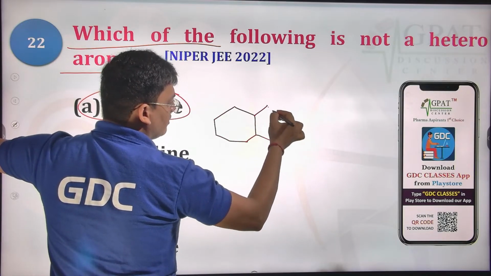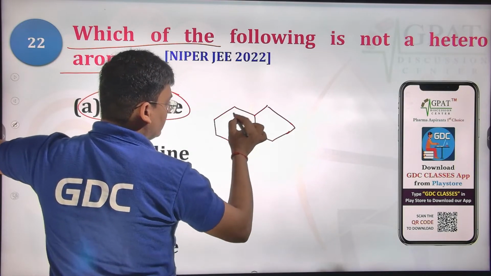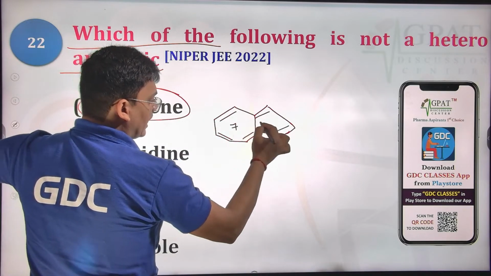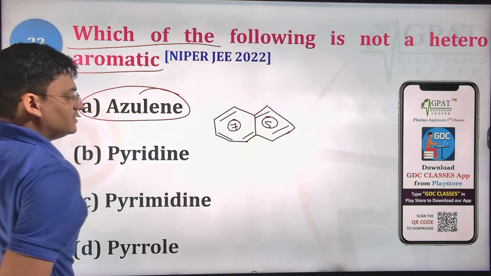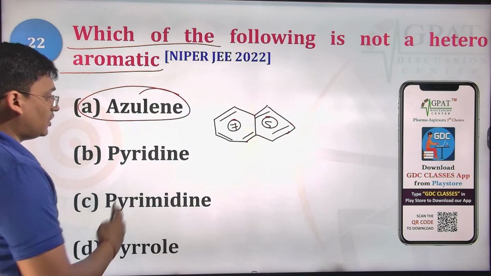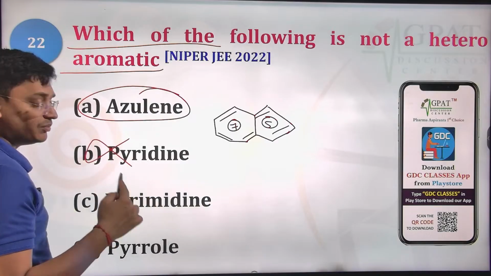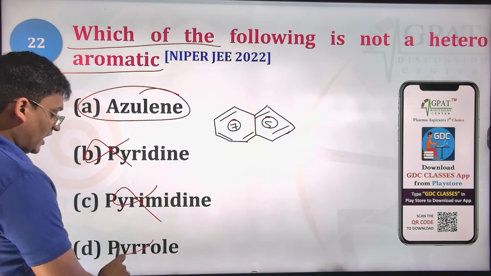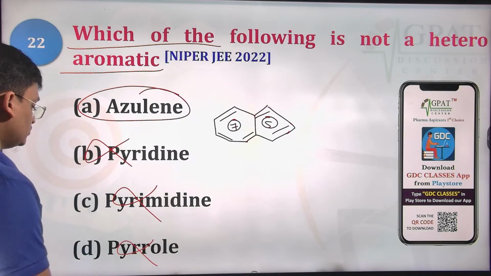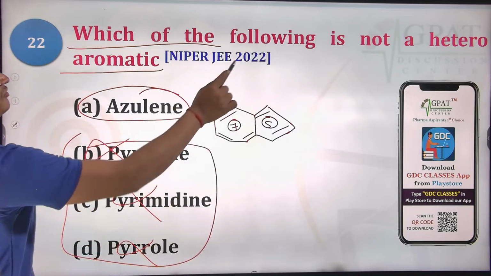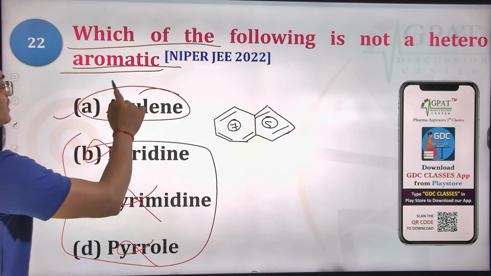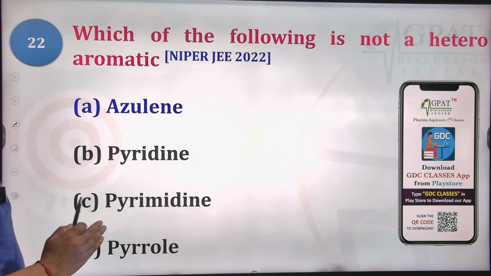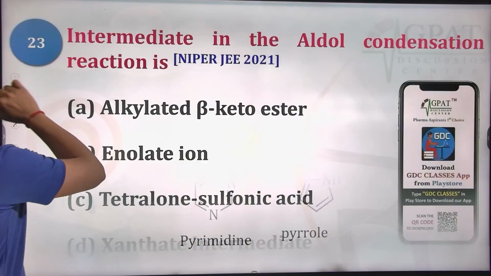It's homocyclic, not heterocyclic. Pyridine has a 6 member nitrogen containing heterocyclic ring, and there are rings with 2 nitrogen atoms on a 6 member ring and a 5 member ring with a single nitrogen. These are all heteroaromatic, while azulene is not. So A will be the correct answer.